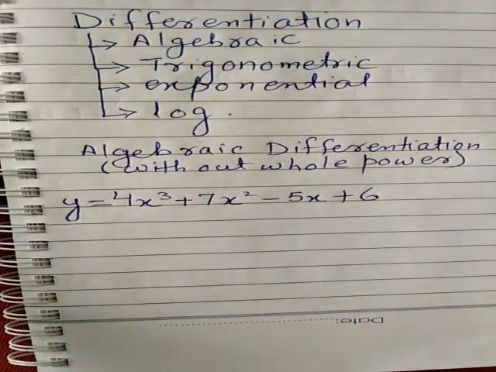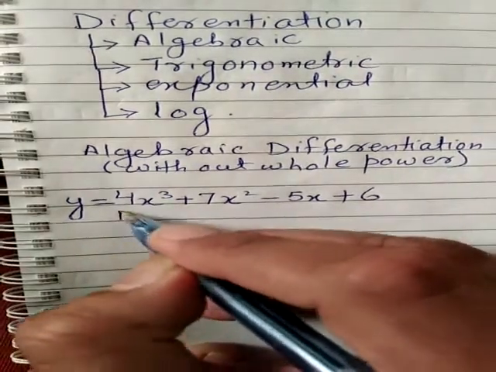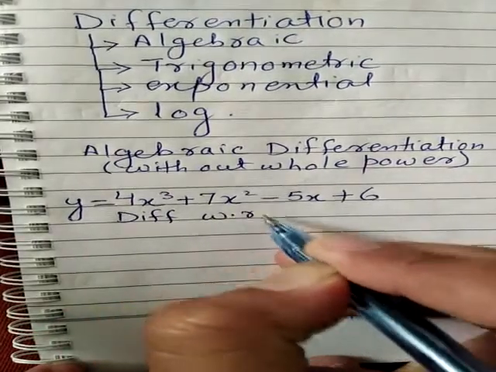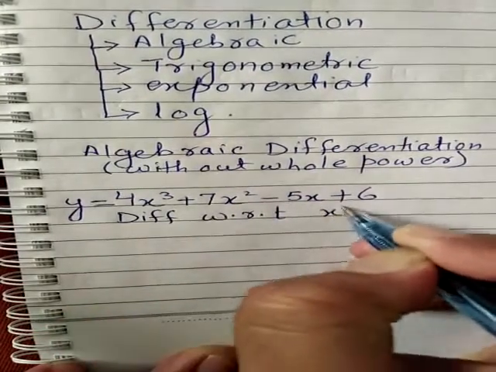So y equals 4x cube plus 7x square minus 5x plus 6. This is the differentiation which I have to do, and this is completely algebraic differentiation, no other type of differentiation. So they are telling us to differentiate with respect to x.